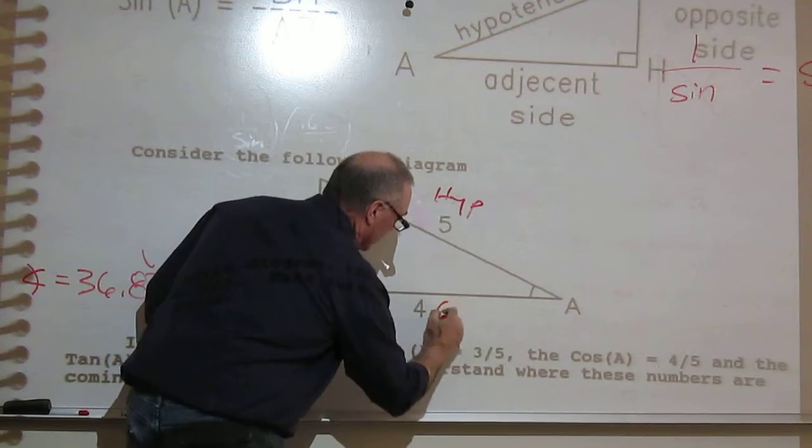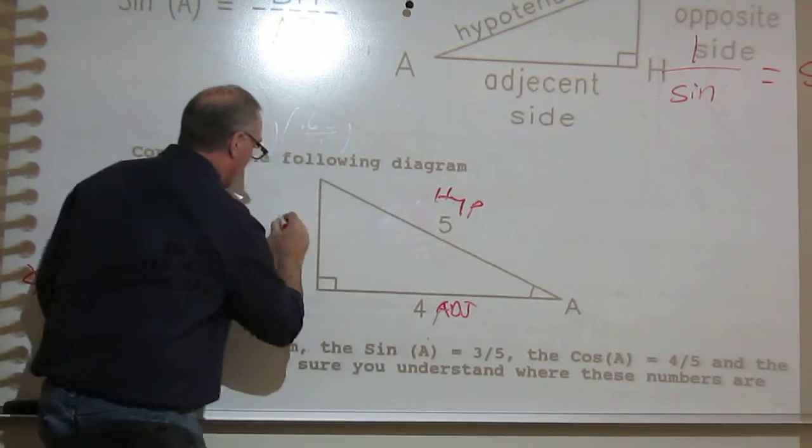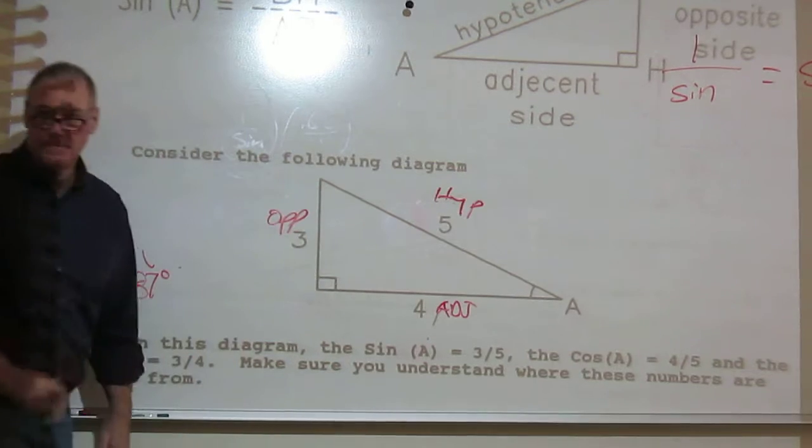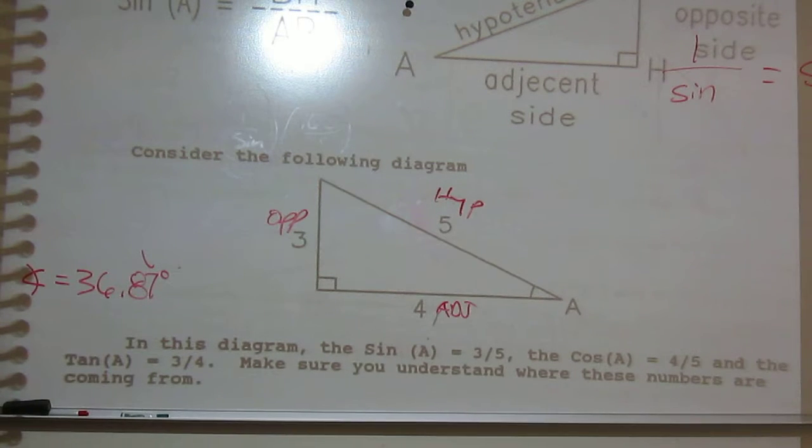Hypotenuse, adjacent, opposite. This time I'm going to use the cosine. Cosine has the adjacent in relationship to the hypotenuse, right? So we're going to use different numbers here. I'm going to do a 4 over a 5. So I have the cosine of some angle is equal to 0.8.